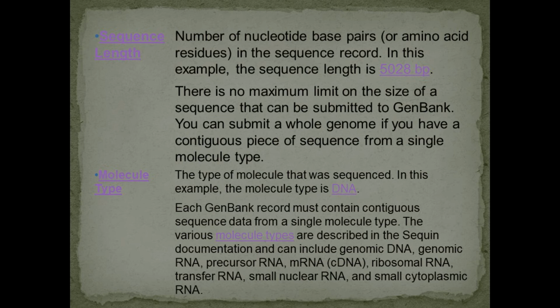The various molecule types are described in the sequence documentation and can include genomic DNA, genomic RNA, precursor RNA, mRNA, ribosomal RNA, transfer RNA, small nuclear RNA, and small cytoplasmic RNA.